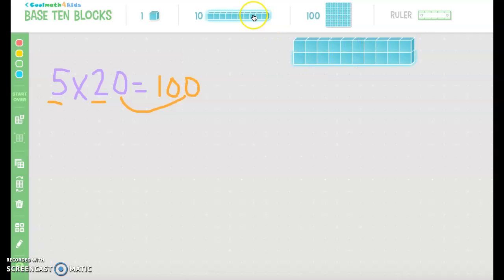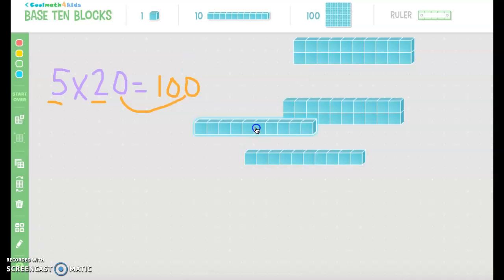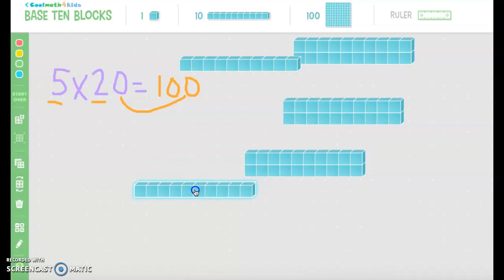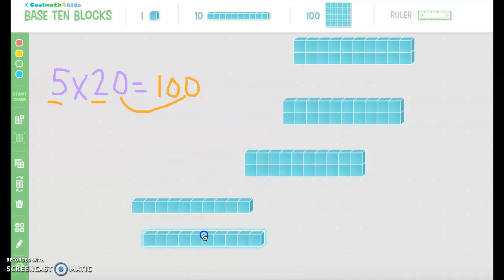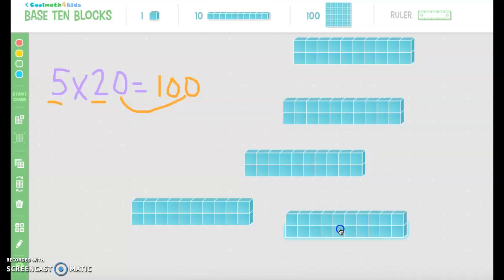So 20, 40, 60, 80, 100. So that's why that works. 20, 40, 60, 80, 100. I have 5 groups of 20.